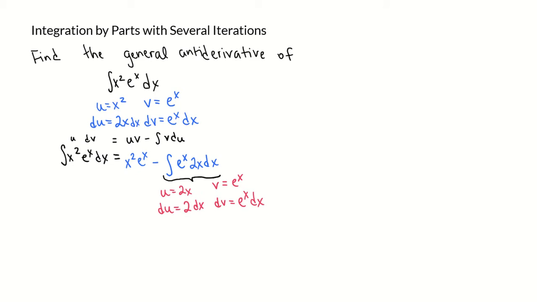So repeating this process again, what we will have is integral x squared e to the x dx is equal to x squared e to the x, and then we're going to replace the second integral now with our new uv minus integral v du.